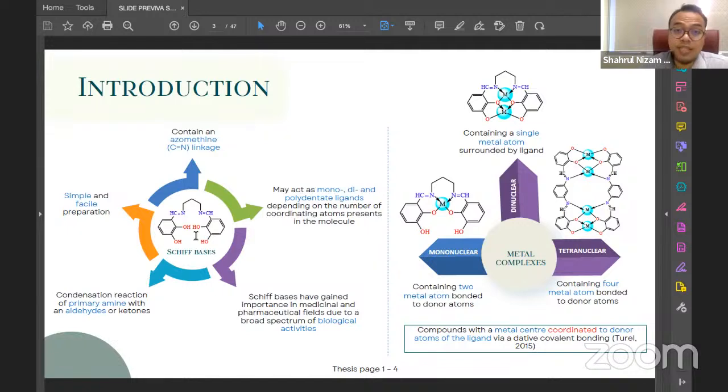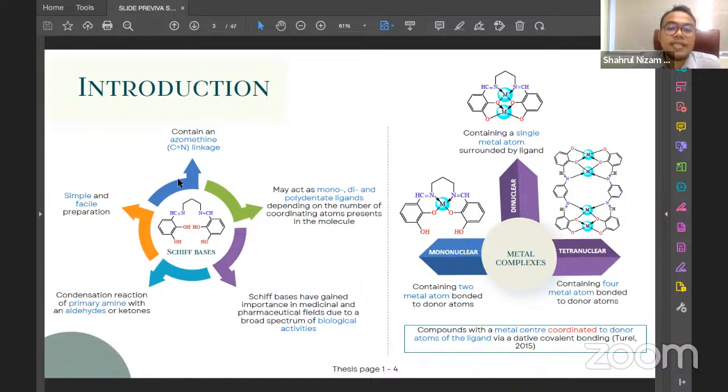Even though we can use ketone, ketone is very hard to react with amine. There are reports on Schiff bases derived from ketone, but it's very hard for us to get, at least in my humble experience.